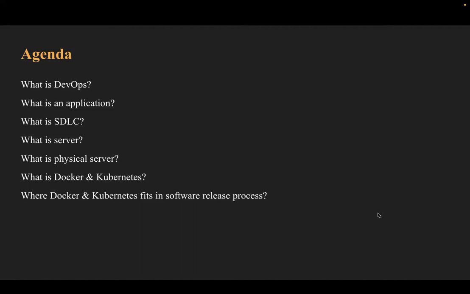So what is DevOps? DevOps is a combination of development as well as operations. Development does not mean that we develop applications in DevOps. We develop scripts to automate the deployment of infrastructure.